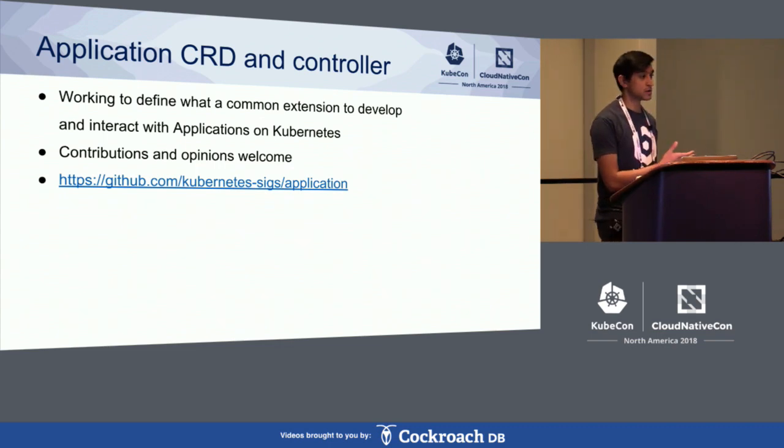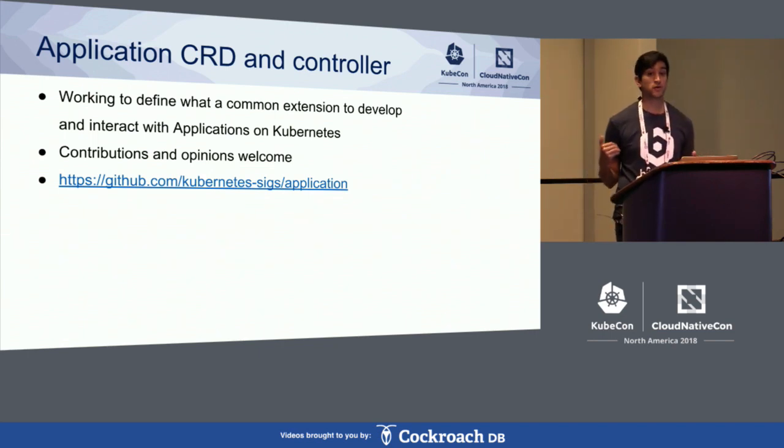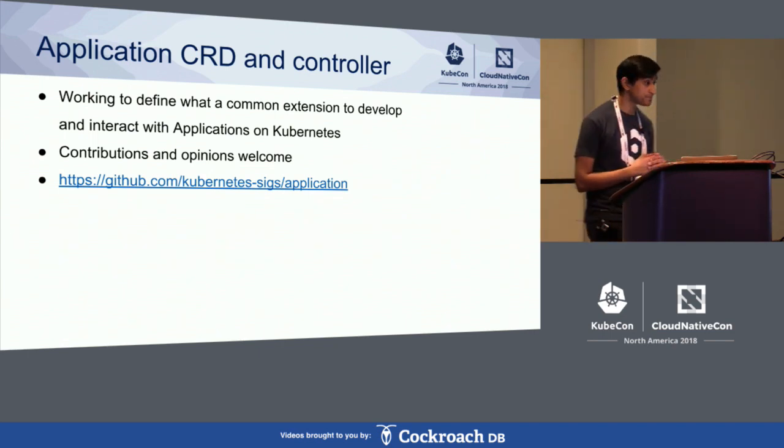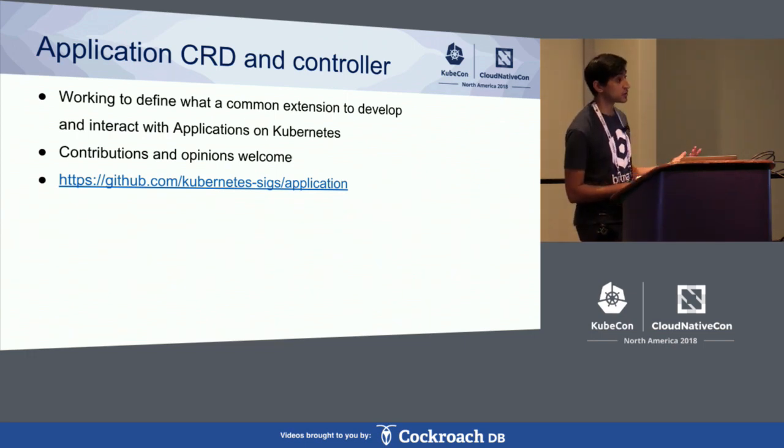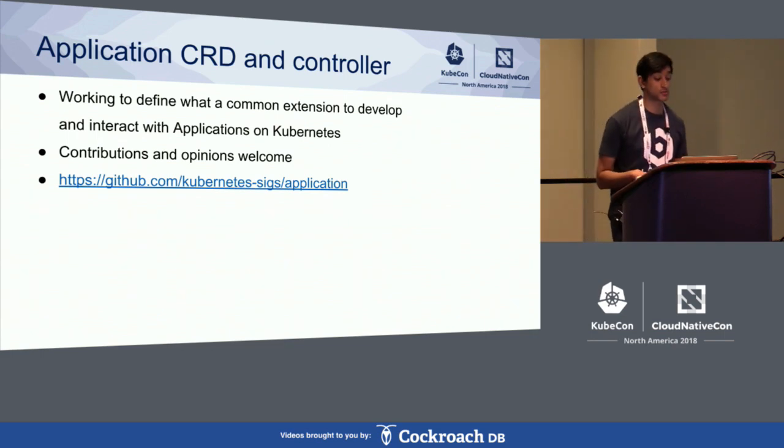So I could use Ksonnet and I could use Helm, and I'd still be able to do kubectl get applications and see both of those applications running in that cluster. And that also opens up the possibility for UI tools like the Kubernetes dashboard or Kube Apps to go and list those applications and show them in a nice UI format.